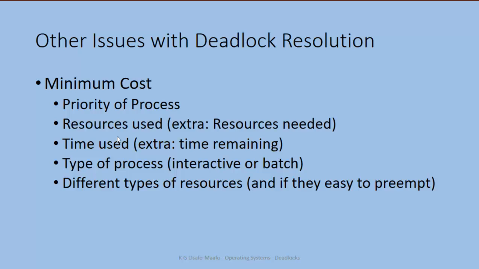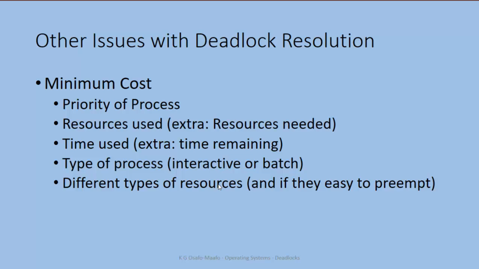Other times you could look at, is the process interactive, or is this just something running in the background? For the interactive processes, sometimes someone is on the other end looking at a screen expecting some feedback. So if you killed it, maybe you'll not be able to get back to where you were. So sometimes you ask yourself, should I kill this or not? So the type of process matters, as does the type of resource, because sometimes the resource you have, if you preempted it, you would destroy things.